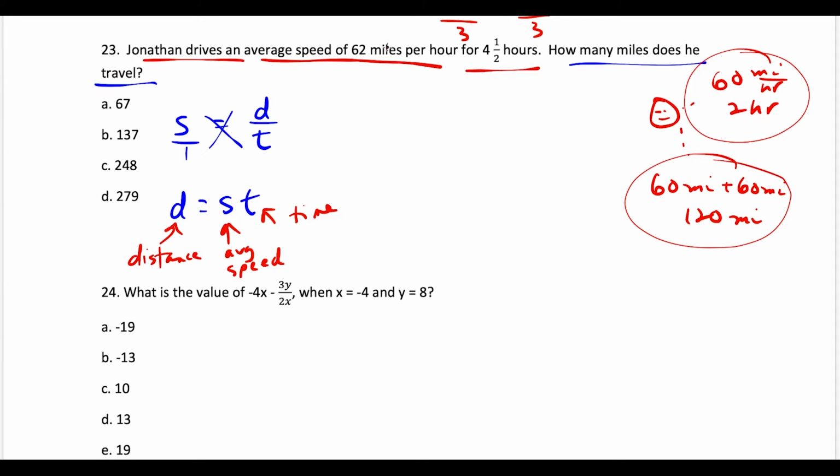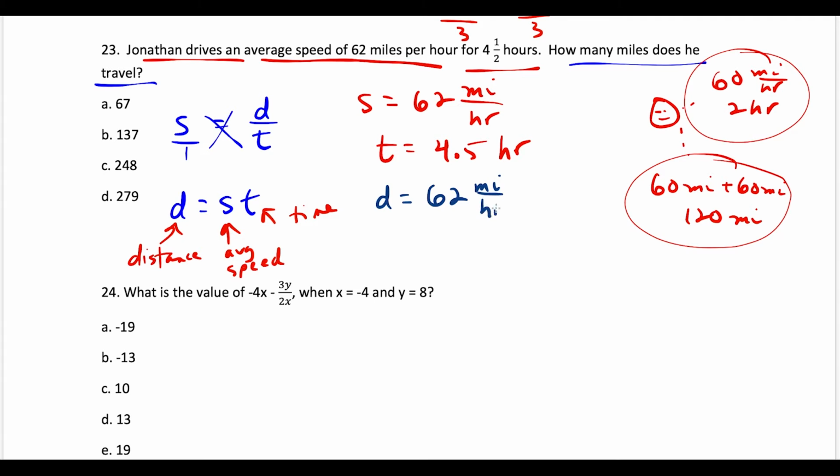So if we use this formula, now we just have to define stuff. The average speed is 62 miles per hour. And the time traveled, I'm going to write as 4.5 hours. And then if we want to find what is the total distance traveled, we're going to multiply S, which is 62 miles per hour, times the time traveled, 4.5 hours.